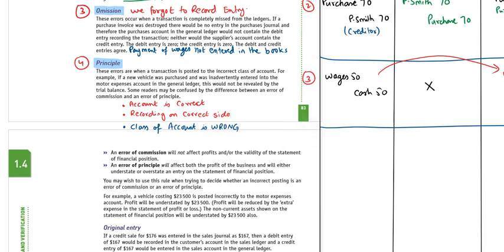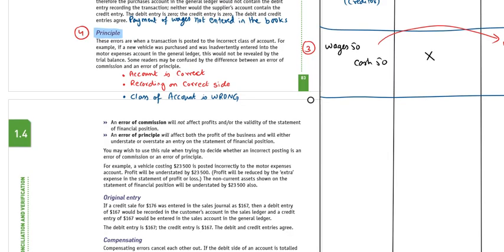What does class of account mean? As we know, the nature of expense is debit, and the nature of assets is also debit. So we wrongly classify the account.